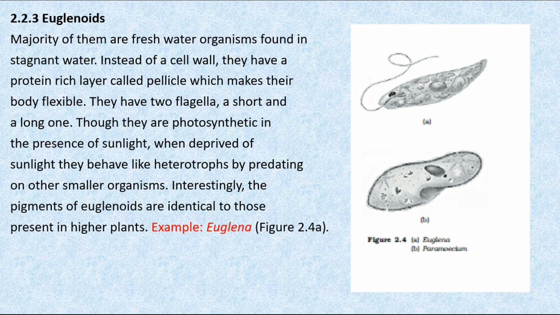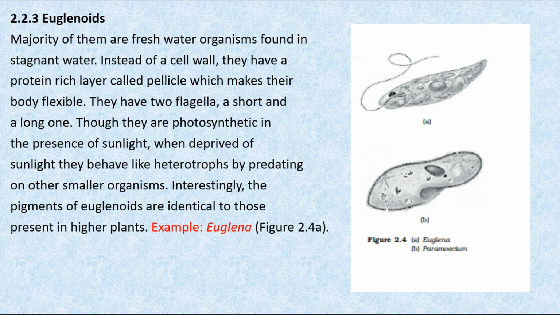Euglenoids. The majority of them are freshwater organisms found in stagnant water. Instead of a cell wall, they have a protein-rich layer called pellicle which makes their body flexible. They have two flagella, a short and a long one.